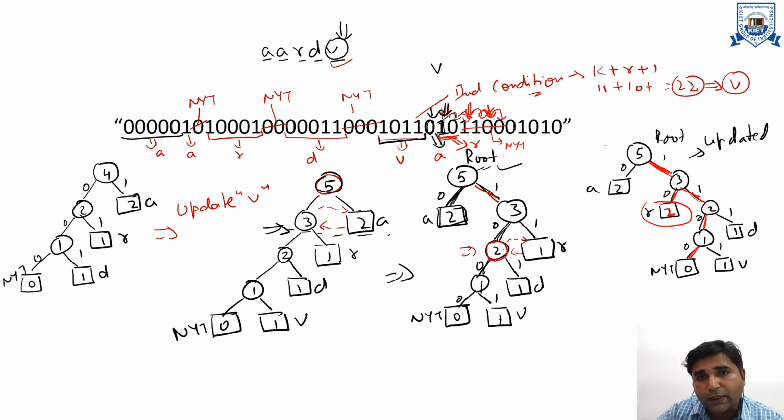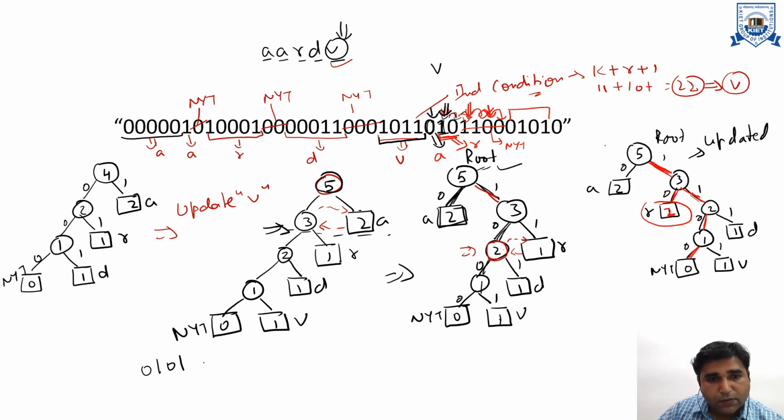Okay, and we know that when we have a NYT node, we have to read E bits. E bits means 4 bits. So then we have 4 bits 0 1 0 1.